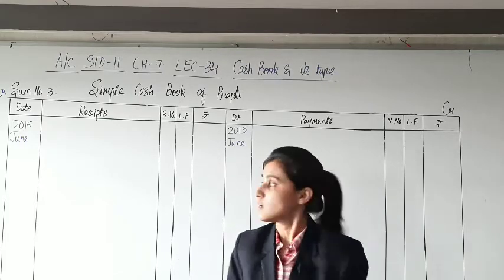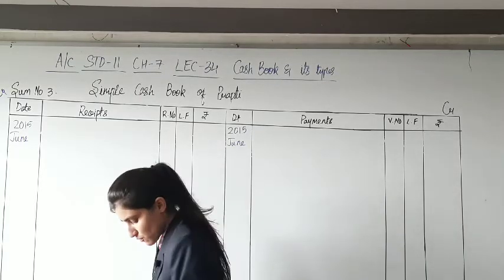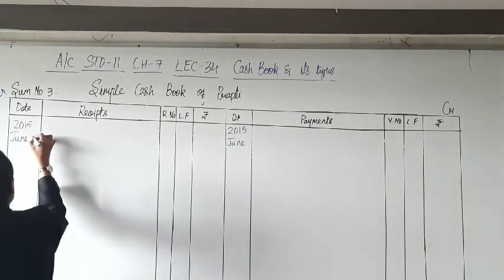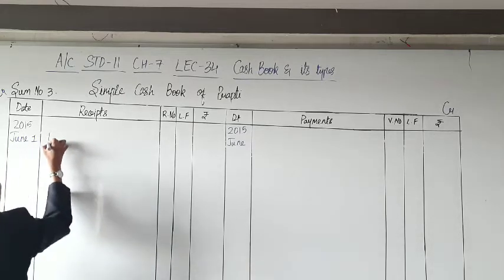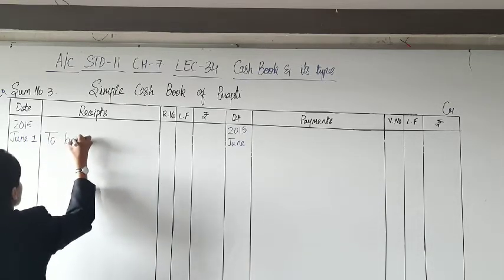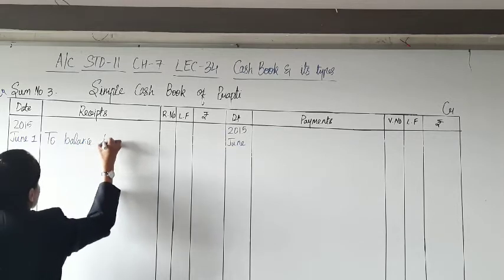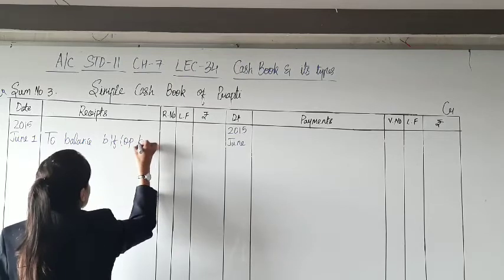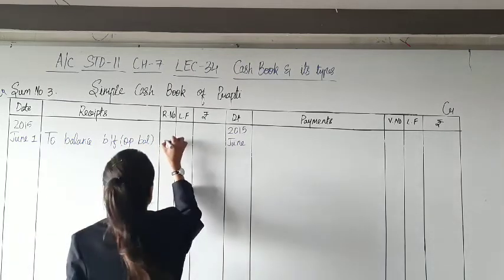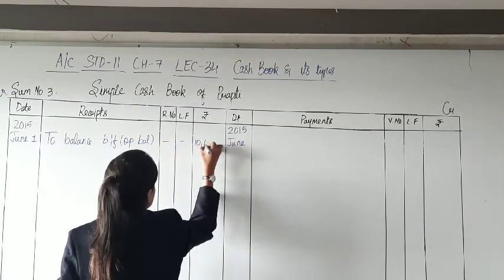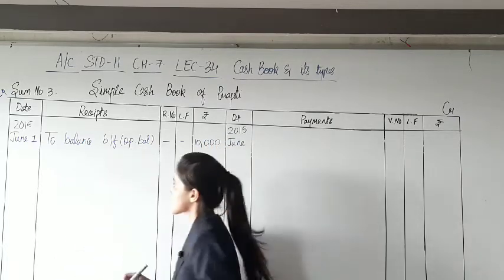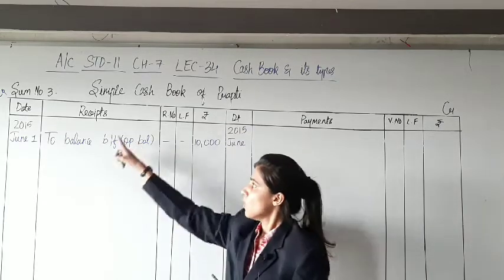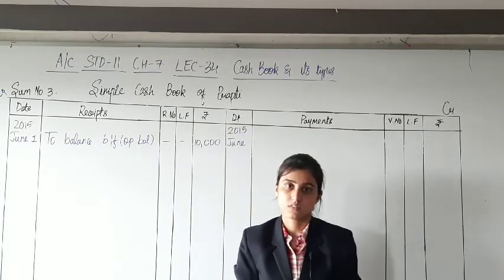This is the opening balance on 1st of June. To balance brought forward, opening balance 10,000. I have taught this in the previous illustration. Opening balance is to be written on the receipt side always.